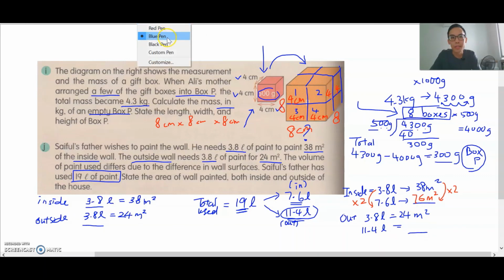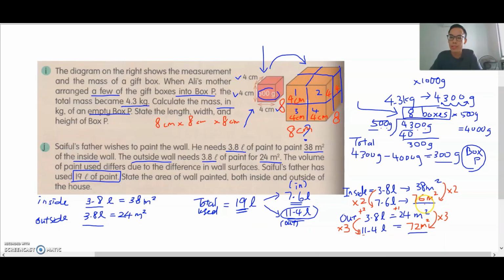Again, we find the relationship. 3.8, you need to times because it gets bigger. So what number do you times? We times 3. Okay, 3 times 8, 24. 3 times 3, 9. Plus 2, we get 11. So left side times 3, right side also times 3. 3 times 4 is 12. 3 times 2 is 6. 6 plus 1 is 7 square meters.